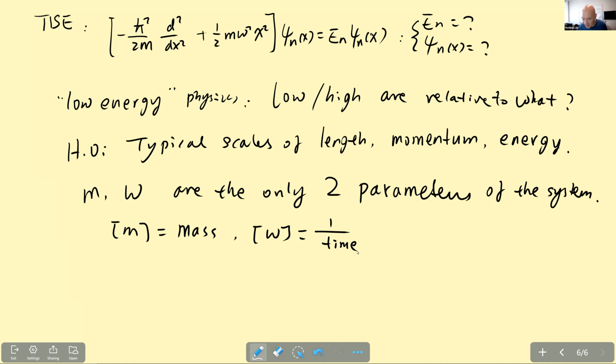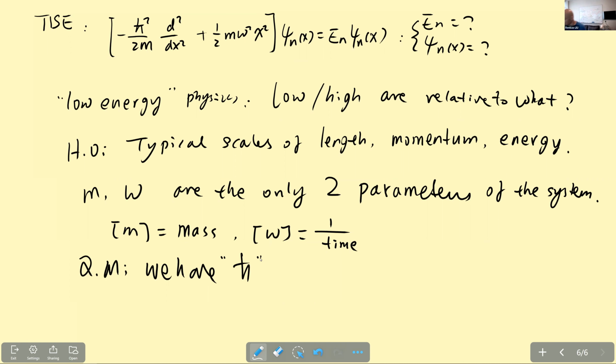But remember, in quantum mechanics, we have h bar. This is a providence of nature to us. So we have a natural constant in quantum mechanics.